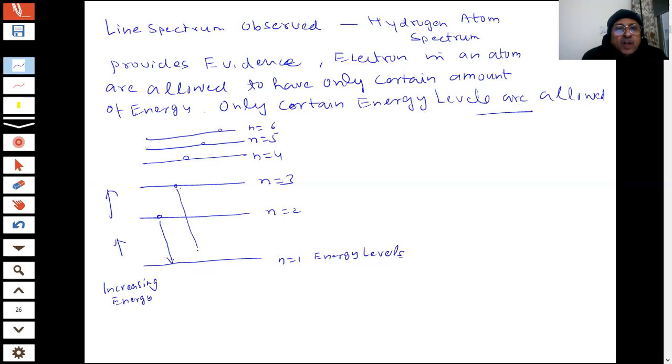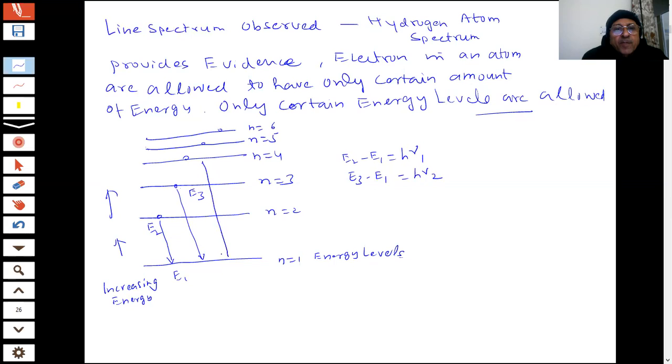This fall back will be a different energy. E1, E2. E2 minus E1 will be a different frequency, student. And if it falls from E3, this is my E3, E3 minus E1 will be a different frequency.